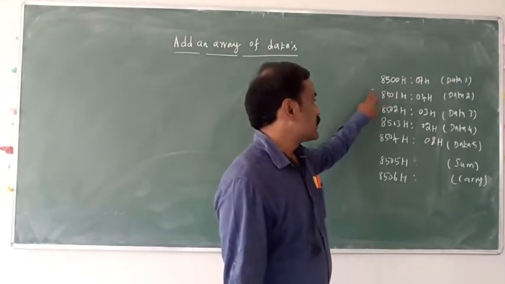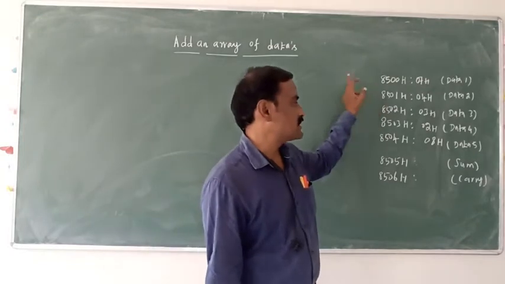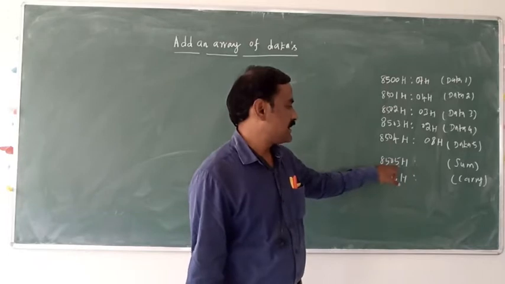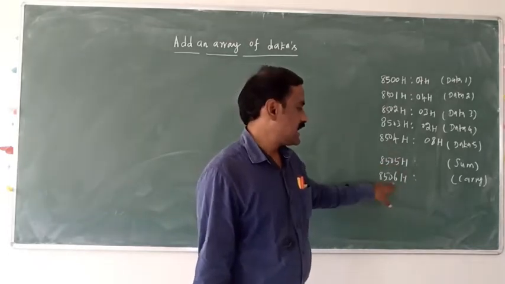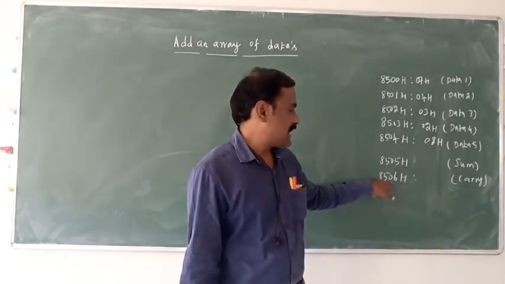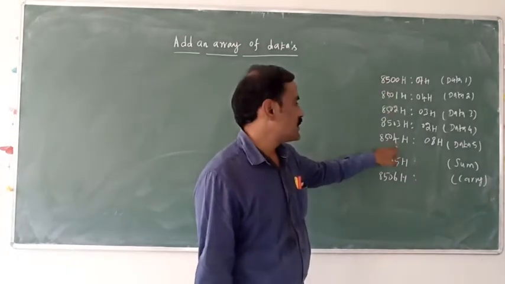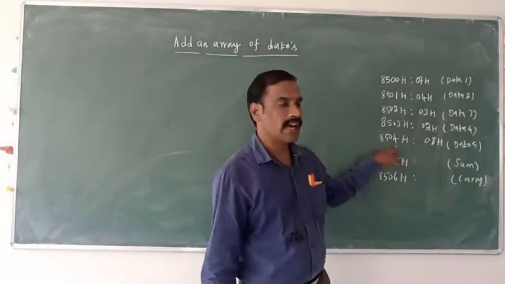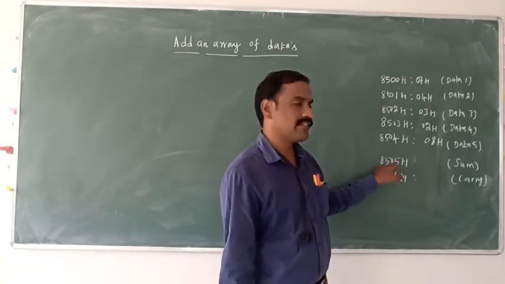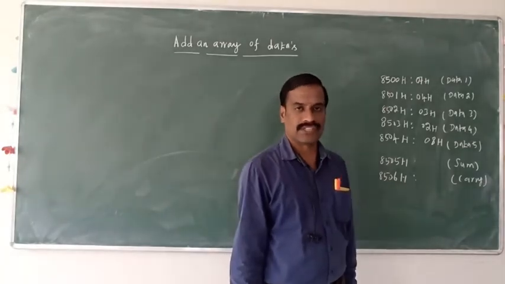Here 5 numbers of data are given; the sum is stored at 8505 address, and the carry, even if there is no carry, is stored at 8506. Data 1 is at 8500, data 5 at 8504. Add all the 5 data and store the sum at 8505 and the carry at 8506.